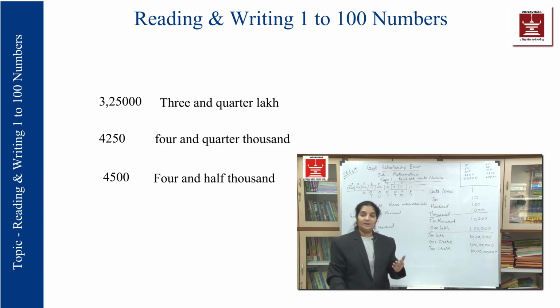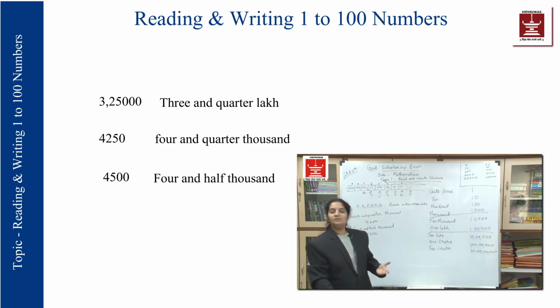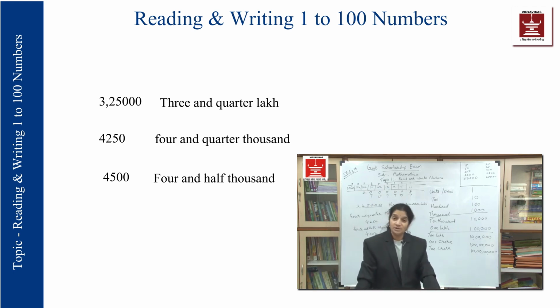So when I'm reading in quarter, nowadays we don't use paise so much, but when it was used, this word quarter and half was used. Today also, sometimes in some particular places, we use it as a whole, as a half, as a quarter, as fractions. In numbers also, it is sometimes read in that way.